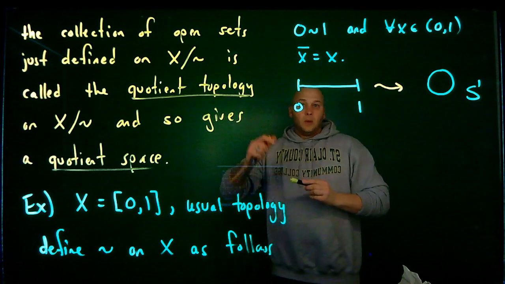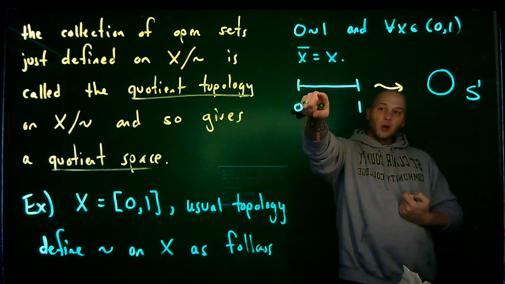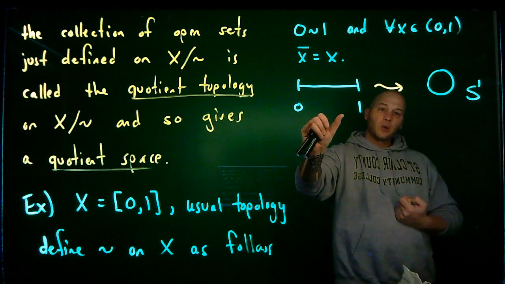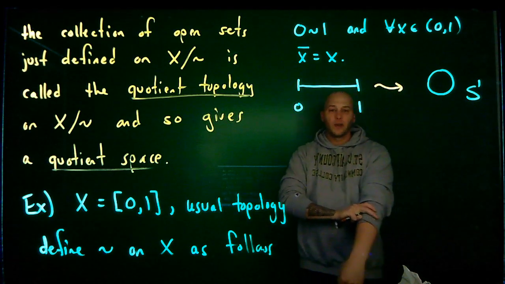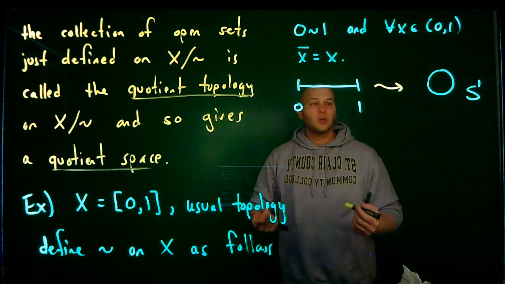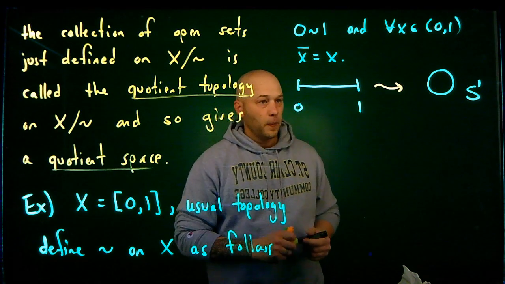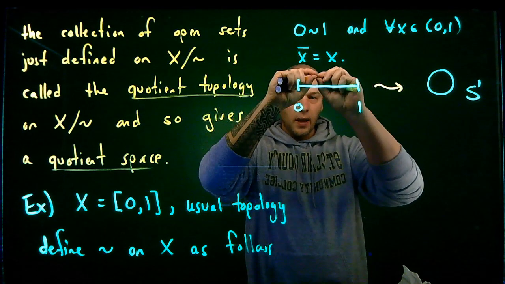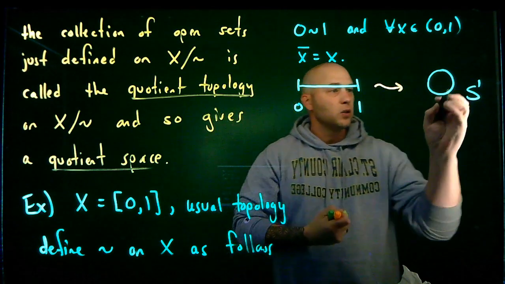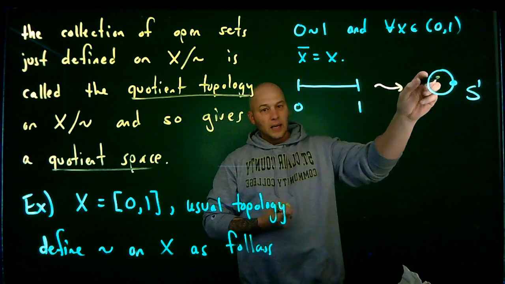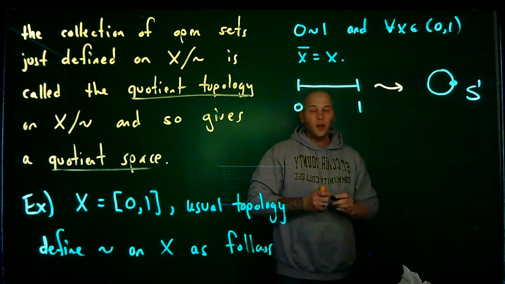So a quotient of that closed, bounded, in other words compact, interval 0 to 1 is actually homeomorphic to a circle. Well, let's talk about what the open sets would look like. First and foremost, 0 and 1 are going to be glued together, and let's say that is this particular point right there. So this right here is the equivalence class of 0 and 1.